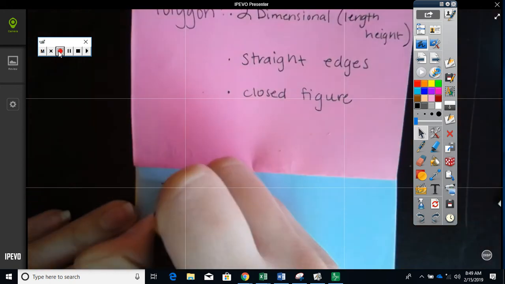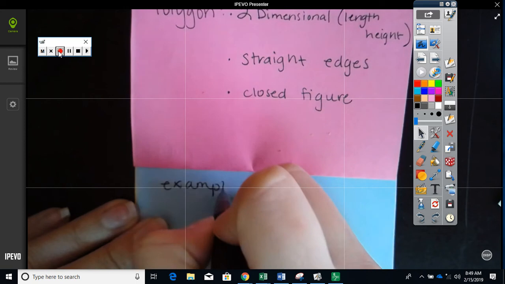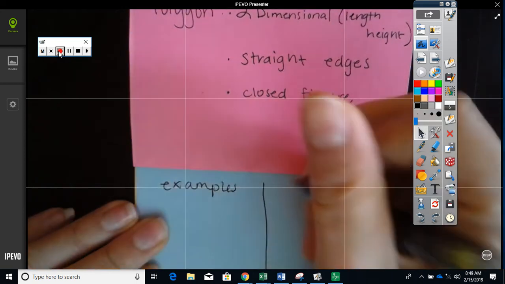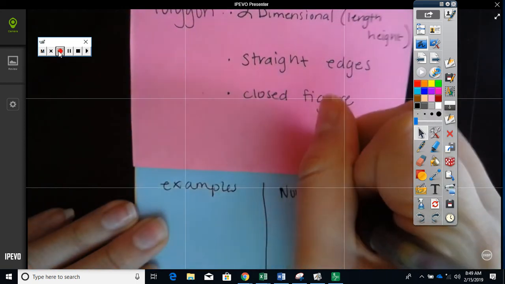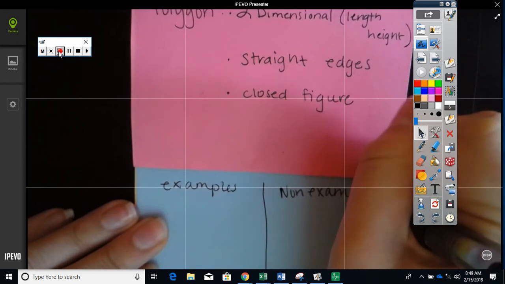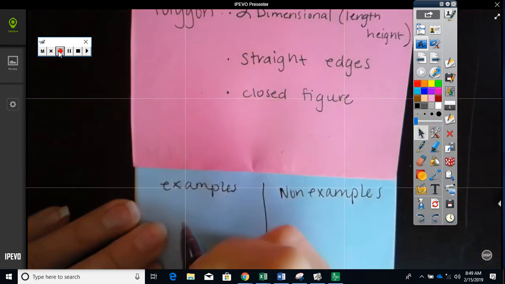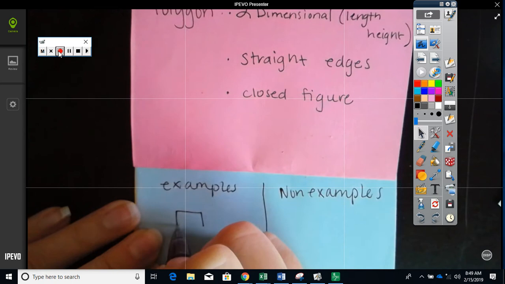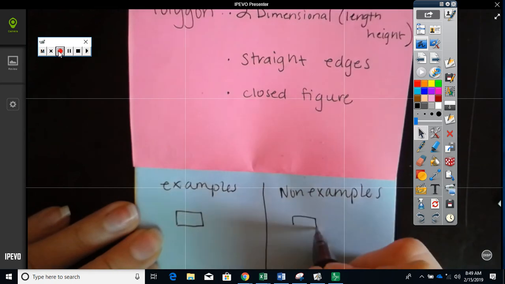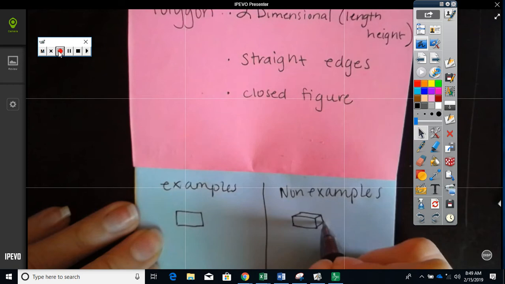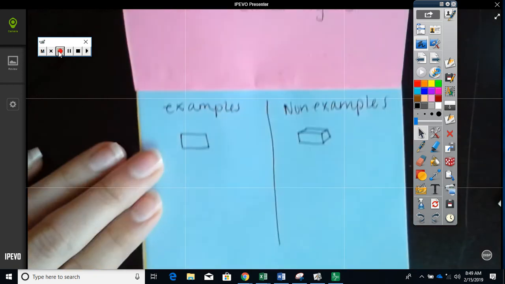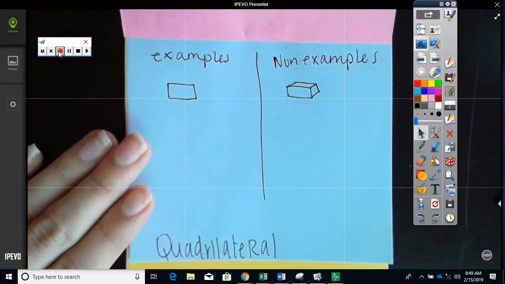So let's do some examples down here. And then we'll do some non-examples. So, two-dimensional, it could be like this. It cannot be like this. Alright? Those are some examples.